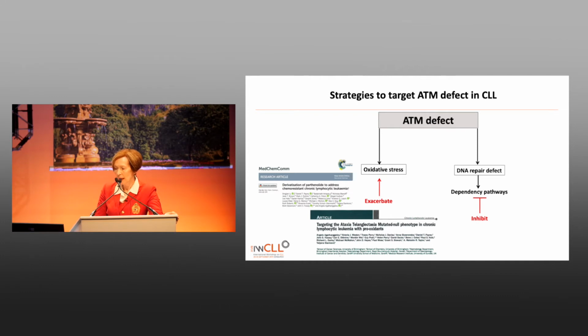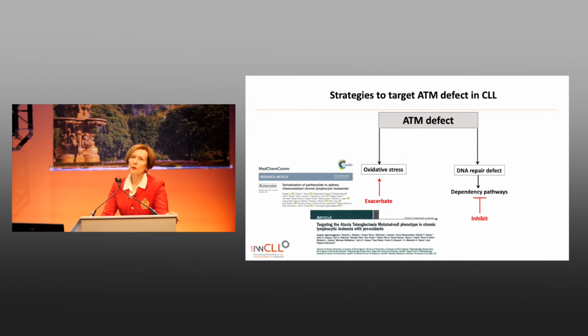In terms of targeting oxidative stress, we have shown both in vitro and in vivo, in the context of xenograft models, that we can induce very potent killing of ATM deficient cells if they're treated with pro-oxidants such as parthenolide.